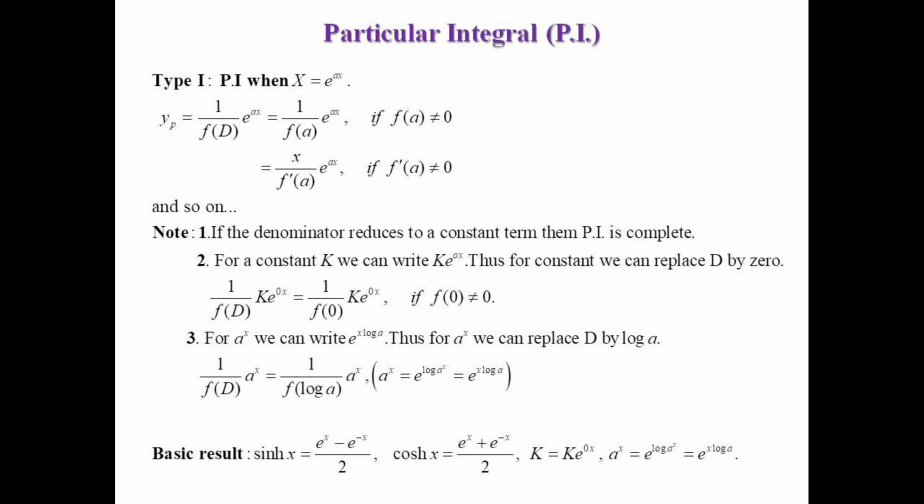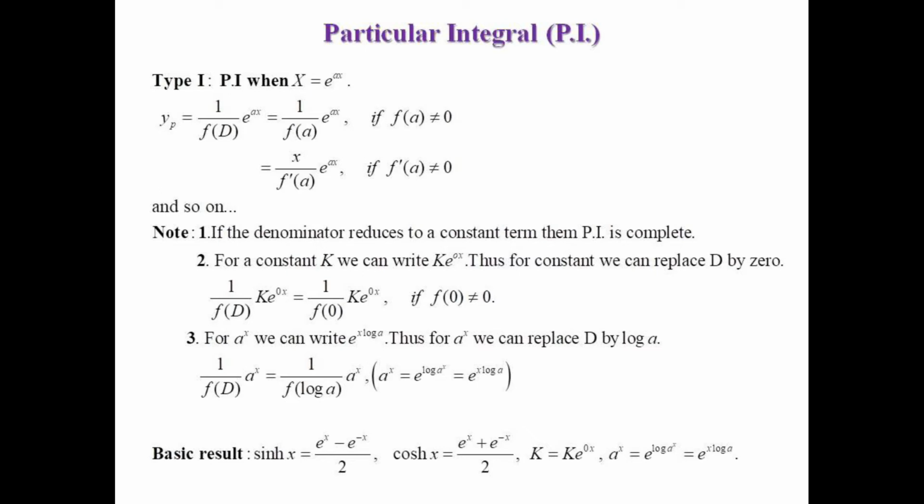Then in some questions it may be possible that we get a constant term on the right hand side. Whenever we get a constant term on the right hand side, suppose the constant is denoted by k, then replace the constant k by k into e raised to 0x. That means we get the value of a as 0.